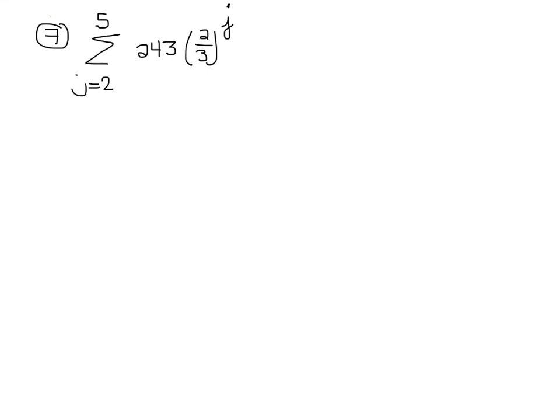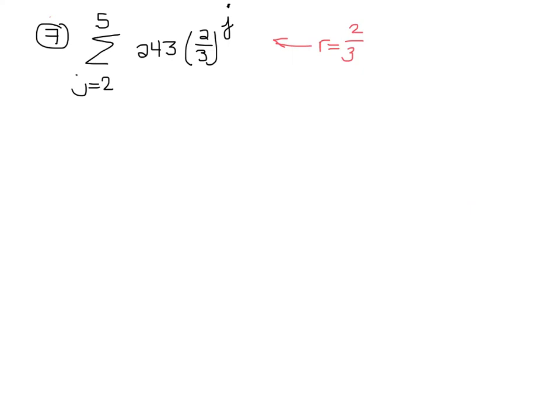So right away, when I see 243 times 2/3 to the j, I instantly know geometric because I have 2/3 to the j, which means I'm doing 2/3 to the first, or 2/3 to the second, so it's 2/3 times 2/3 times 2/3, and so forth. So right away, I know my r equals 2/3. Only other thing I need to know is my first term and my n.